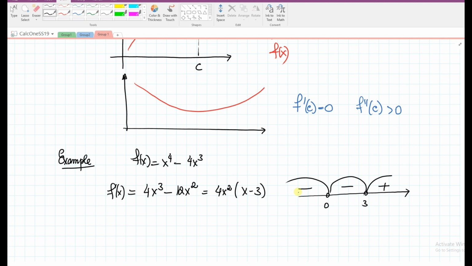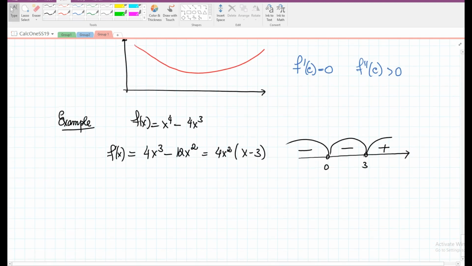For example, choose minus 1: if you put minus 1 here, this will be positive, and this term is negative. So this is plus, minus, minus. So I've got this point where the function is not concave down or concave up. What does it mean?